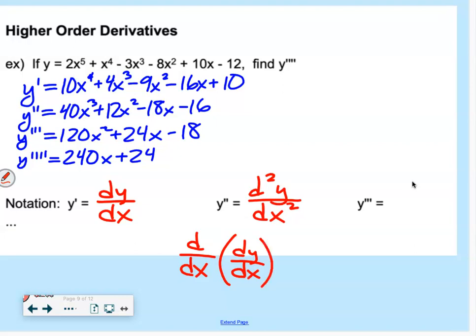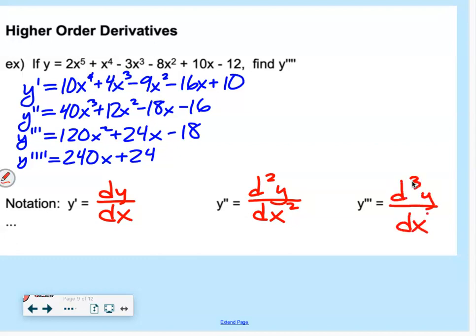So mathematicians said, oh, look, it's like d squared and dx squared, and we know there's no parentheses, it's just a notation thing. And then y triple prime is d cubed y dx cubed, and it just keeps going from there.